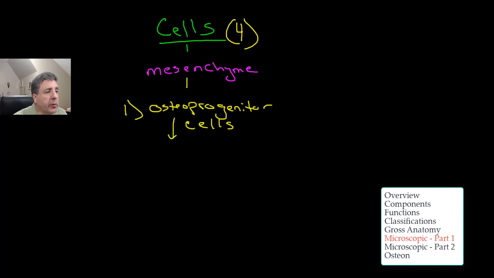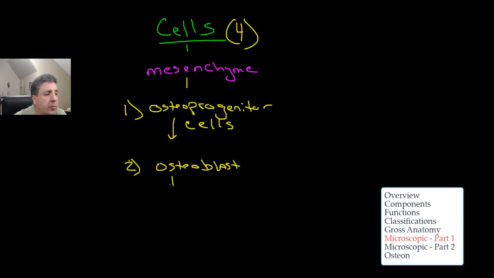Osteoprogenitor cells will then further differentiate or specialize into another cell type, which is going to be our second cell type, called an osteoblast. That differentiates into a cell called an osteoblast, and we'll talk more in detail about this one.